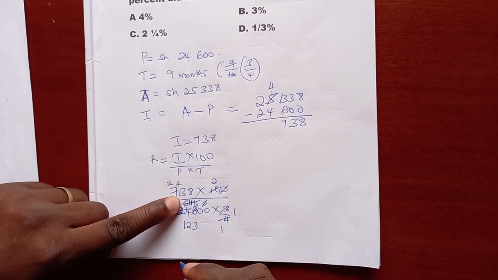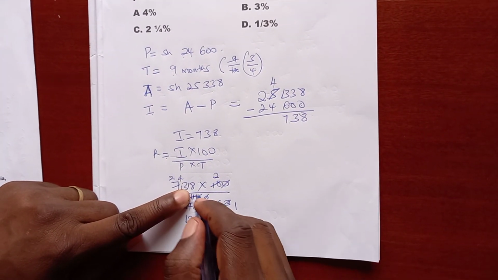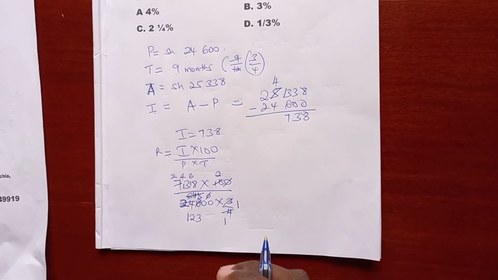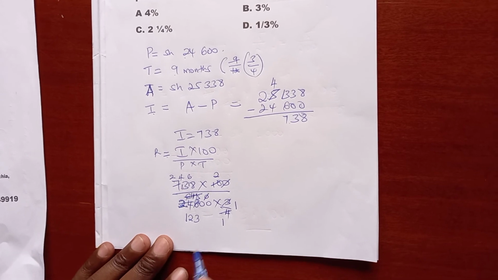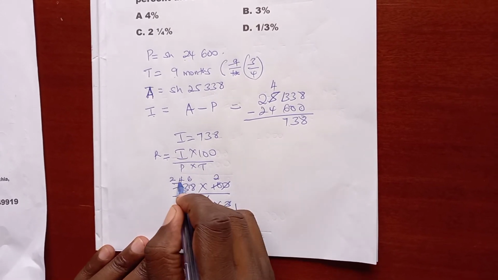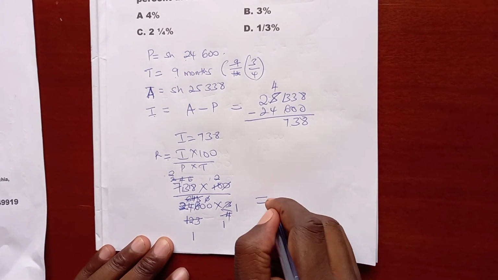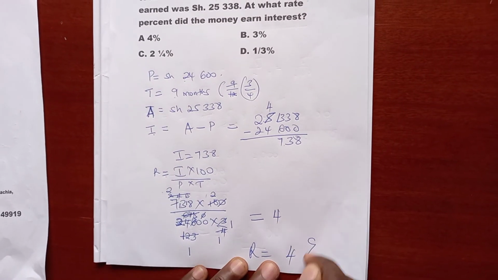Remainder 1, 18. You get 6. 18 divided by 3, you get 6. Then you can continue. 123 and 246 can cancel: 1 by 123, 1; 123 by 246, 2. You are left with 2 times 2, which gives you 4. So our rate is 4%.